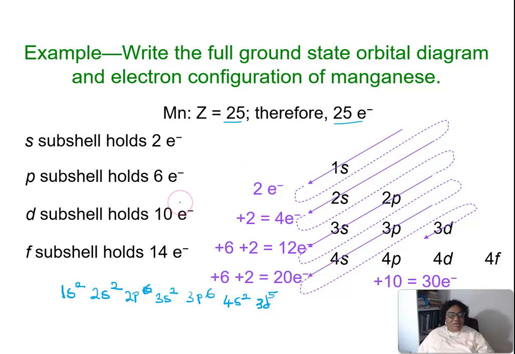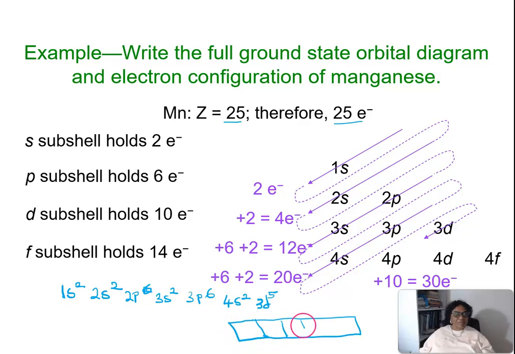And if we have to write the orbital diagram of 3d, just write it. D has 5 orbitals: 1, 2, 3, 4, 5. Each will have electron spin up, because we have to put 1 electron in each before pairing. That is how the electrons will look in this 3d orbital.